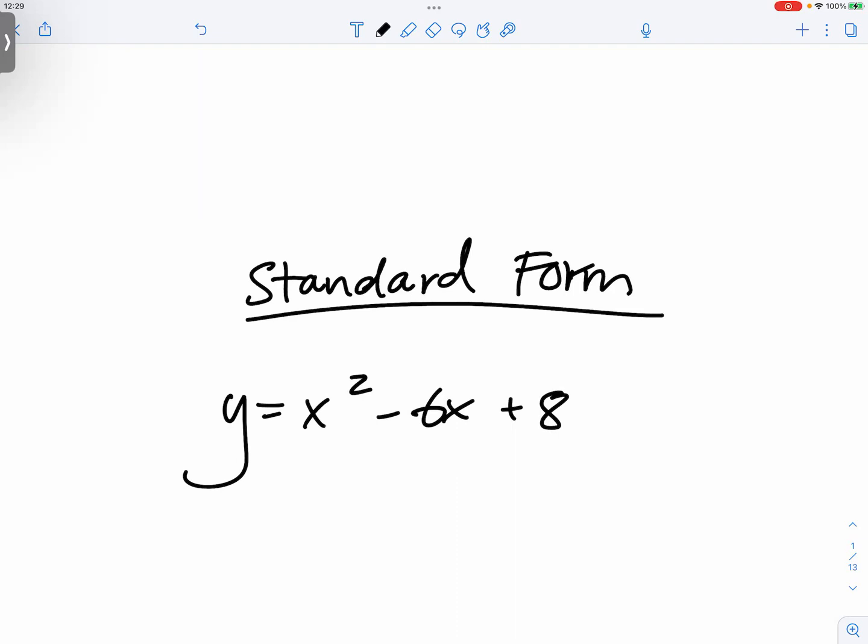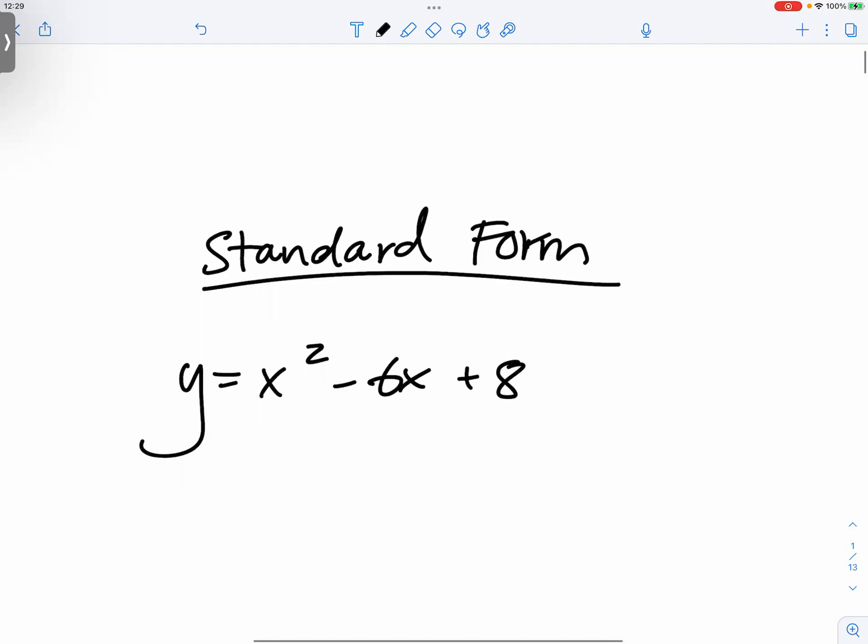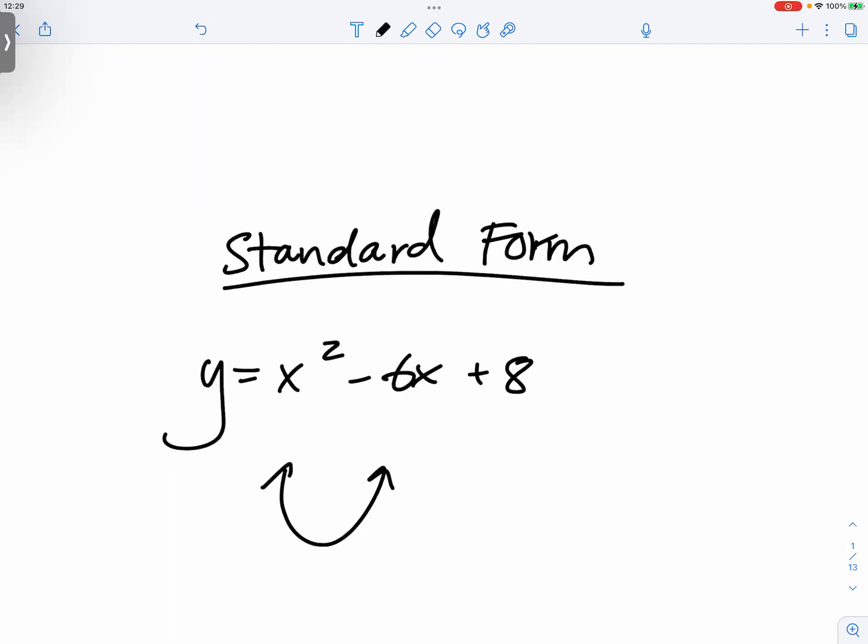You can tell the y-intercept, and that is equal to 8, right? (0, 8). That's the y-intercept. What else can you extract from here? Yeah, you can tell that it is a positive a. That means the parabola will be opening up, right? So these are the two pieces of information you can get right away, okay?